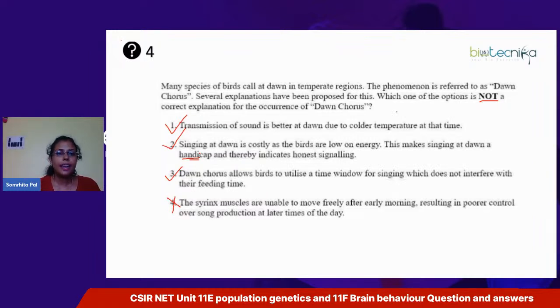The peahens actually look for the number of eyes which are there on the tail of the peacock. The more number of eyes, that means the male will be able to attract the female better than the others. Fine.